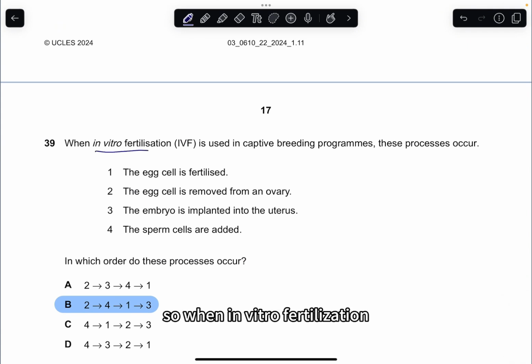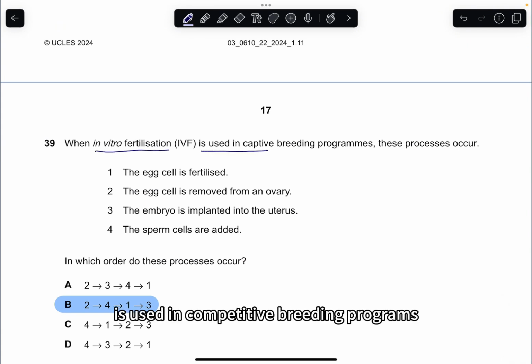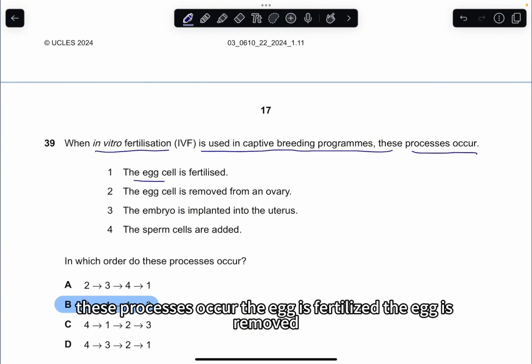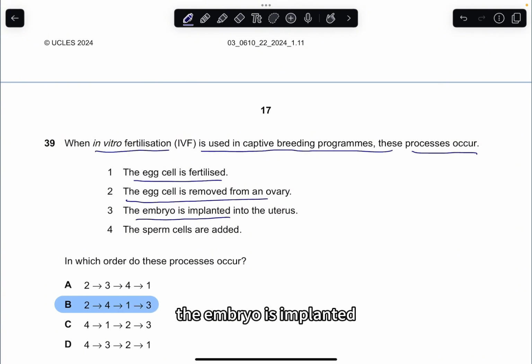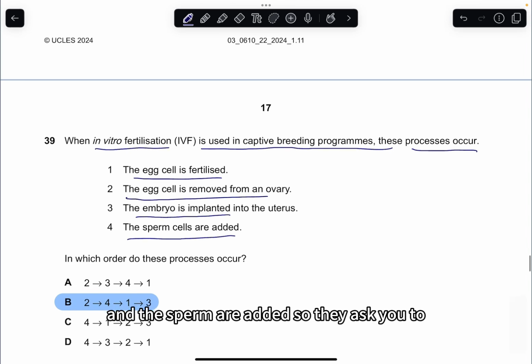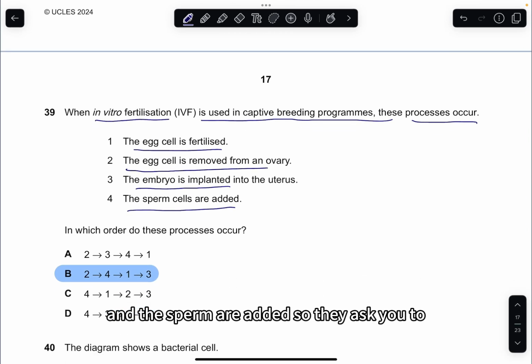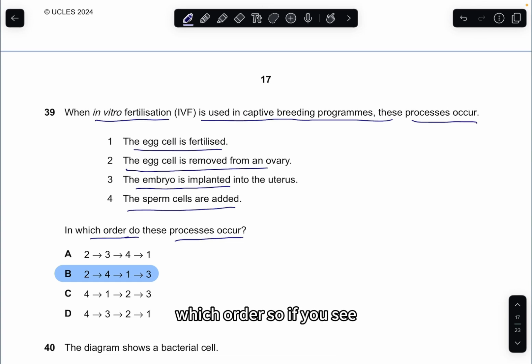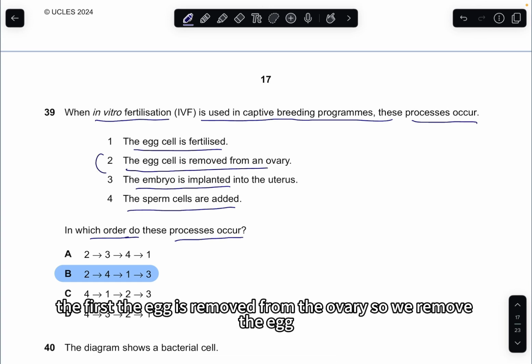When in vitro fertilization is used in captive breeding programs, these processes occur: the egg is fertilized, the egg is removed, the embryo is implanted, and the sperm are added. So they ask you in which order these processes occur. If you see the first, the egg is removed from the ovary.